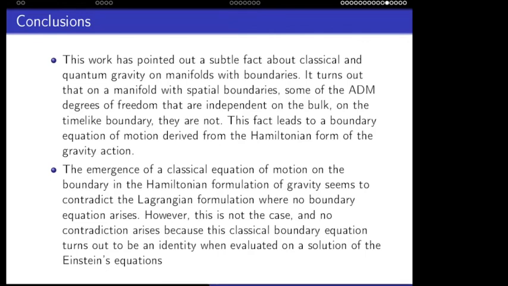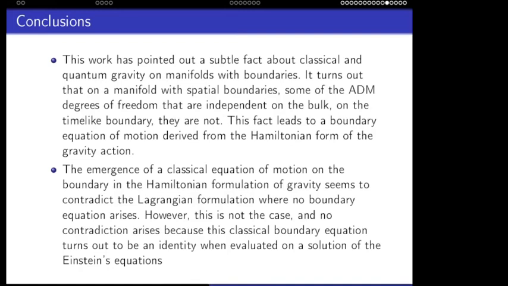But from the solutions of this equation, now you have to pick the ones that also satisfy this equation. So you can impose this constraint only at the initial time, right? We are talking in the usual ADM formalism. These constraints are defined in the bulk, because of the variation.